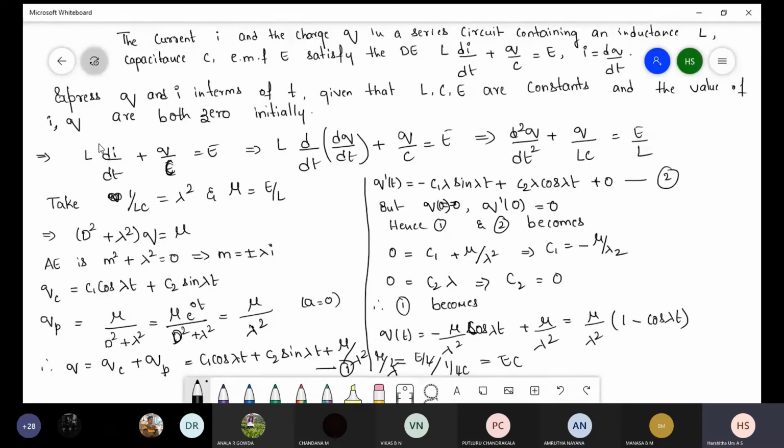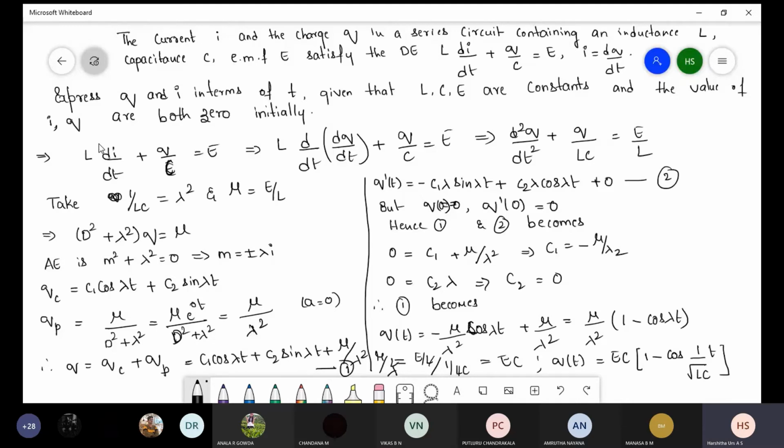Next, substitute the same thing. So Q of t is equal to E into C, 1 minus cos of lambda square is 1 by LC. Here we have lambda, so 1 divided by root of LC into t.